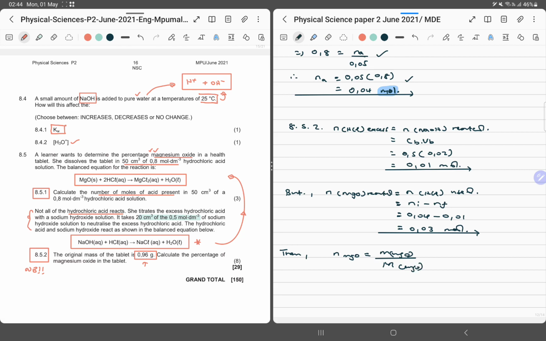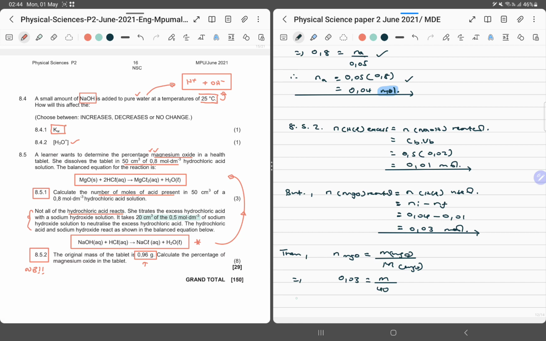of MgO. Of course, you don't need to write this much detail. This implies that 0.03 is equal to m over the molar mass. Magnesium is basically 24, plus oxygen, which is 16. So 24 plus 16 gives us 40.